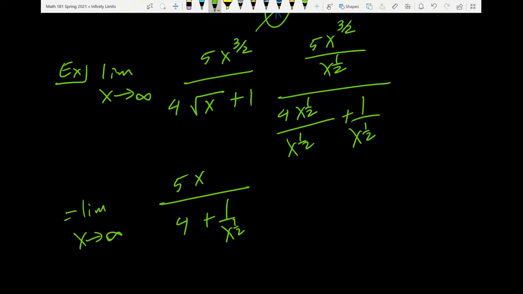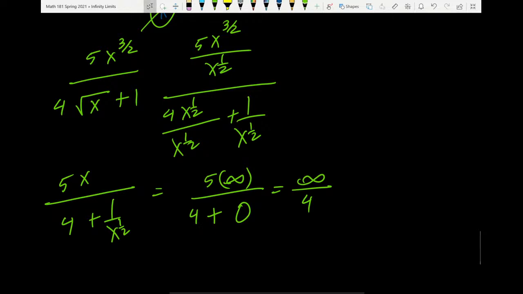As the limit goes to infinity, you get 5 infinity over 4 plus 0. So infinity over 4. Guess what? Still is infinity. Any question regarding this?